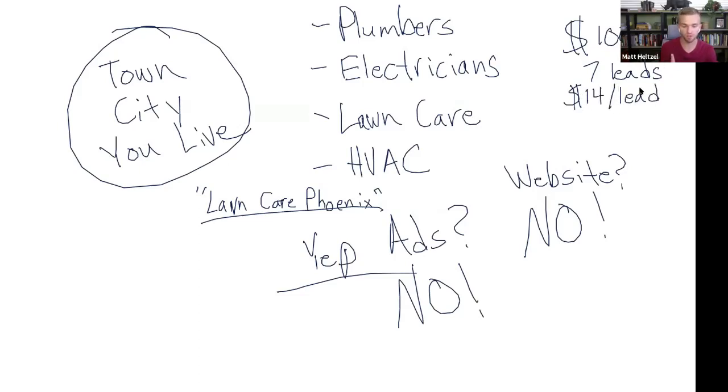Now, you ready for this? You ready for some really ninja stuff? What if you went to a lawn care company and you said, hey, look, if you pay me $1,000 a month, all right? So now with $1,000, you can probably generate 70 leads, right?